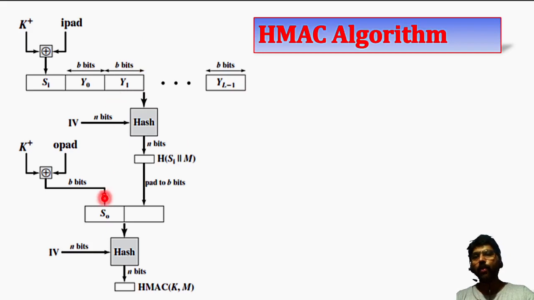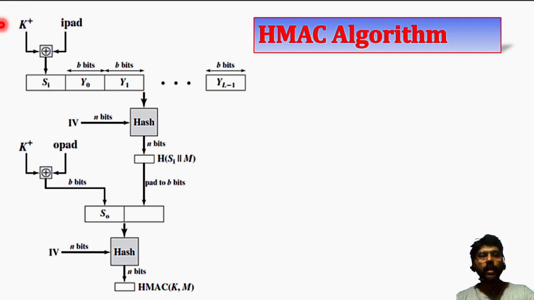Now I will explain how this HMAC algorithm works. I already told you previously, I have given one key. If the length is less than b bits, I have to add additional 0 bits at the left-hand side. That is called appending 0 bits at the left side.